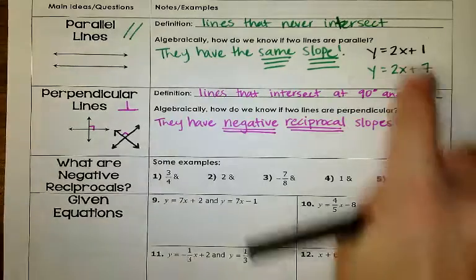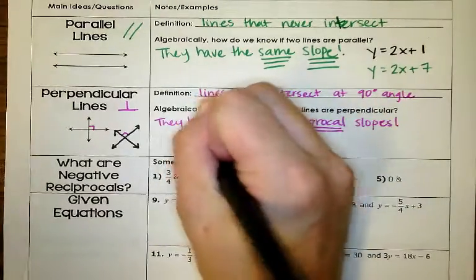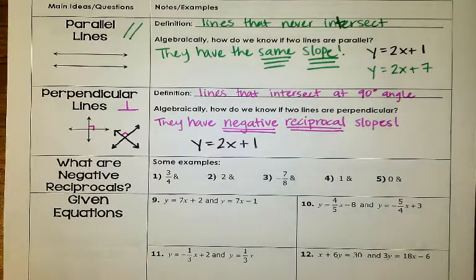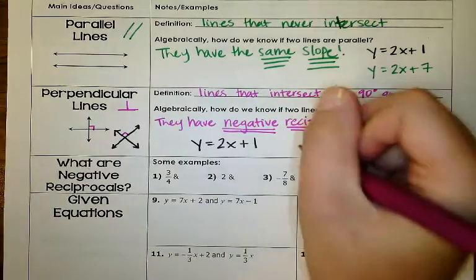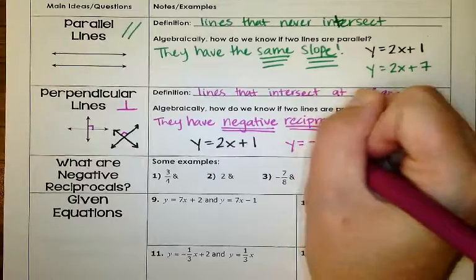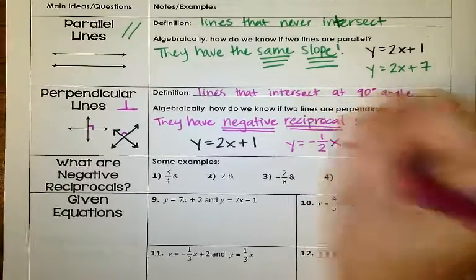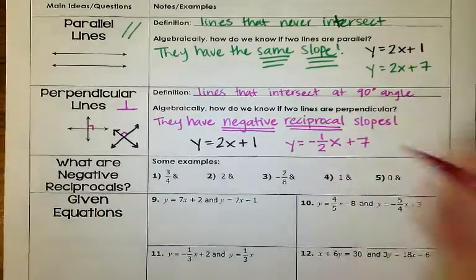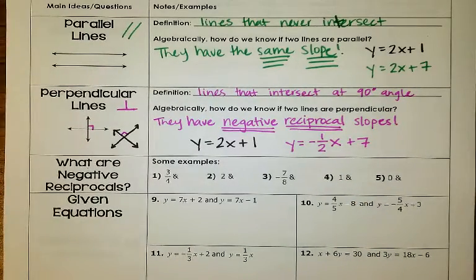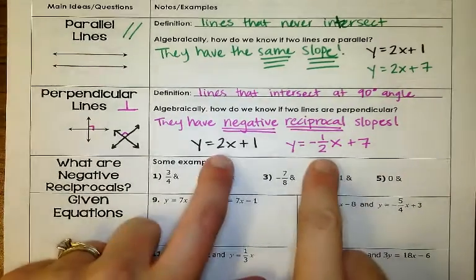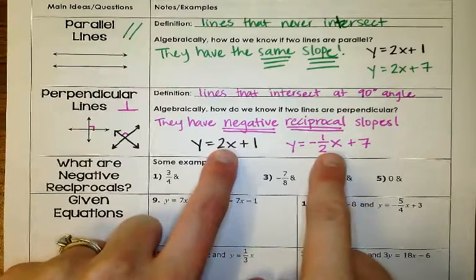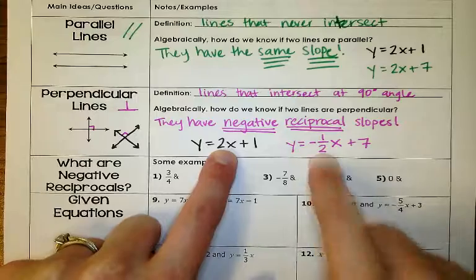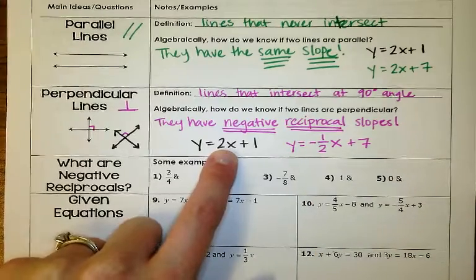So I'm going to give you again that original line. Let's say my original line was y equals 2x plus 1. Well, a perpendicular line would be y equals negative 1/2 x, and then we'll say plus 7 again, okay? So in this case, if you take a look at my two slopes, this is 2, that's negative 1/2. So what we did was we flipped the fraction and we made it negative.